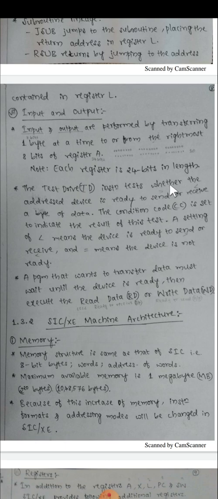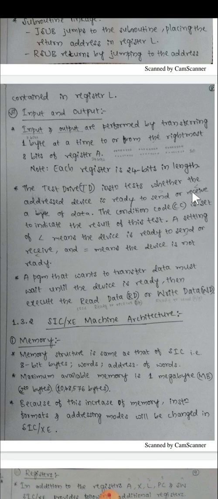This instruction tests or checks whether that addressed device, it may be an input or output device, is ready to send the data. If it is an input device, for example it may be a mouse or a keyboard, whether it is ready to send the data to the processor or monitor screen, then it will be indicated as a greater than symbol.